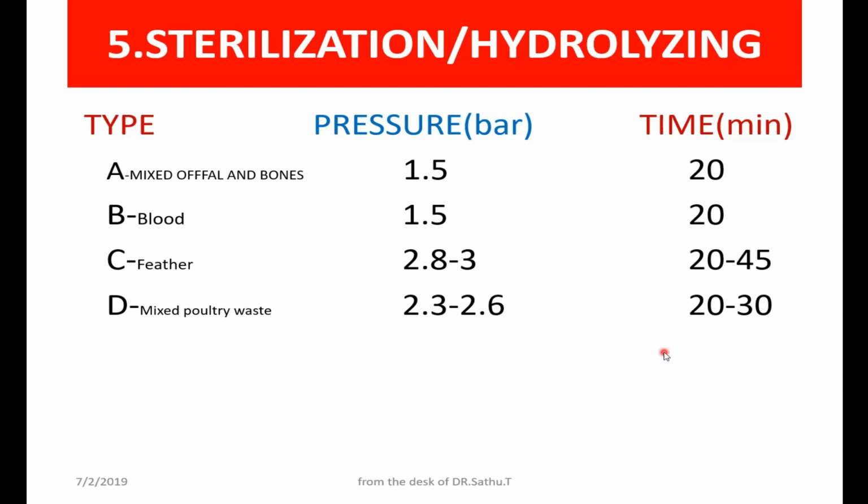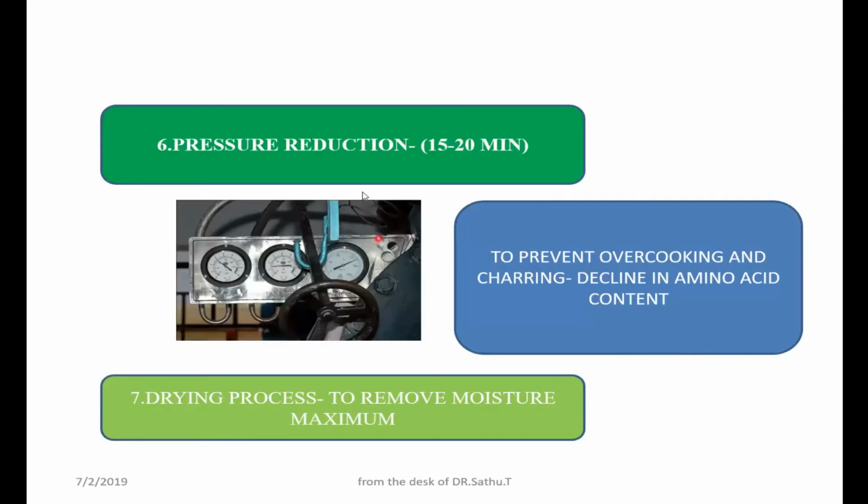You should always see that the pressure and temperature are as near as practical to the hydrolyzing or sterilizing temperature. If you keep it at a higher pressure or higher temperature, it leads to charring of these materials, and there will be a loss of nutrients. To prevent overcooking and charring: if you keep it for more time, the product will blacken and lose its nutrient content, and the amino acid content will be lost.